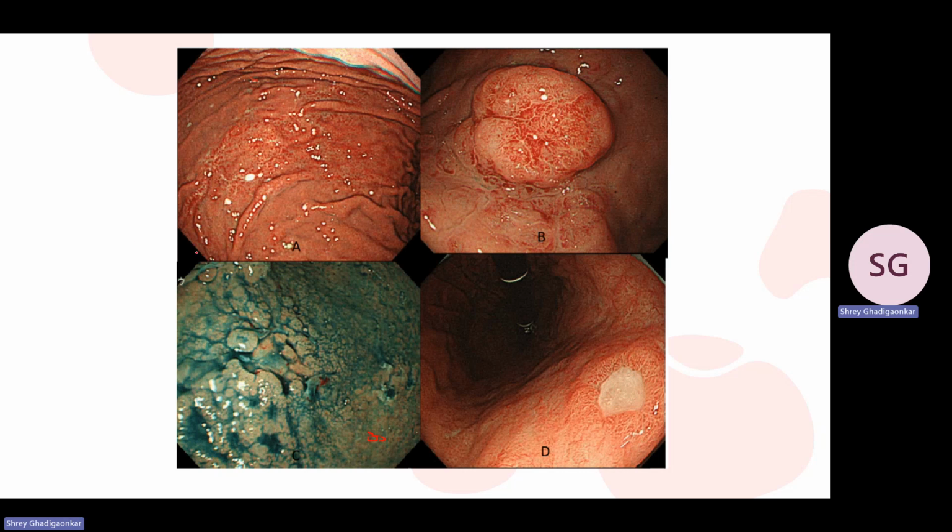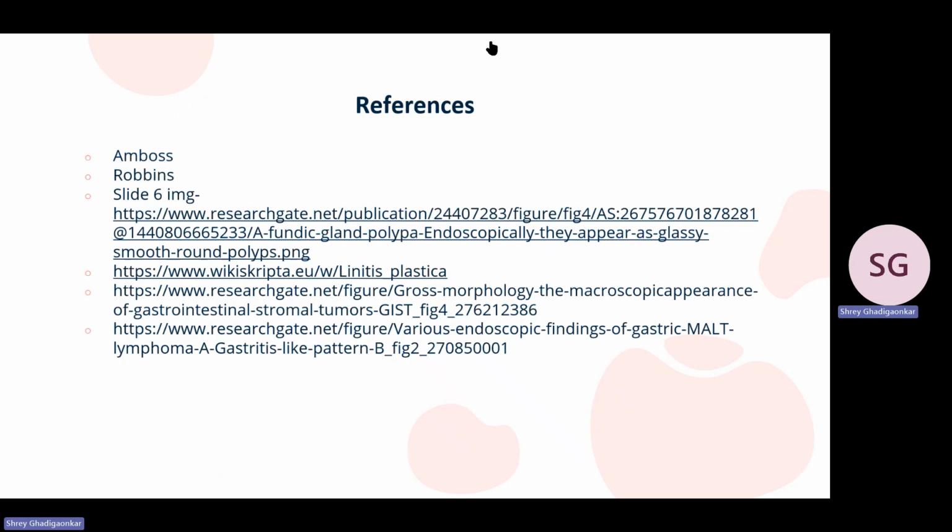You don't need to know all this; it's just additional points. And the D type is the ulcerative type. So the endoscopic findings of gastric MALT lymphoma are usually variable, and this can make the diagnosis very difficult. So these are the references, and thank you for your time.